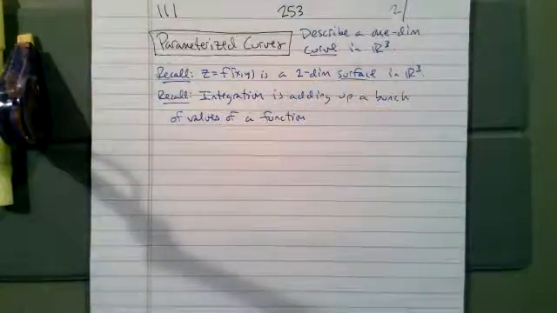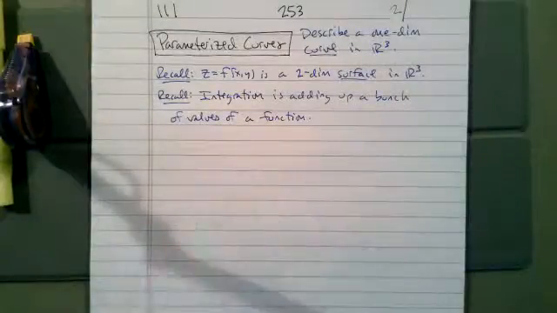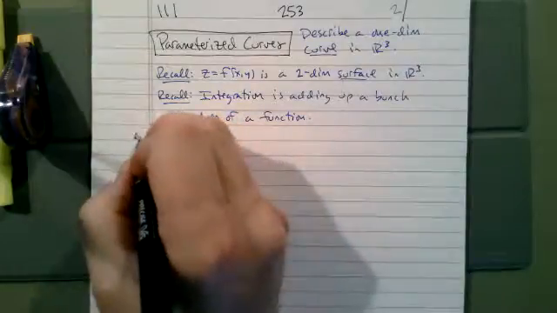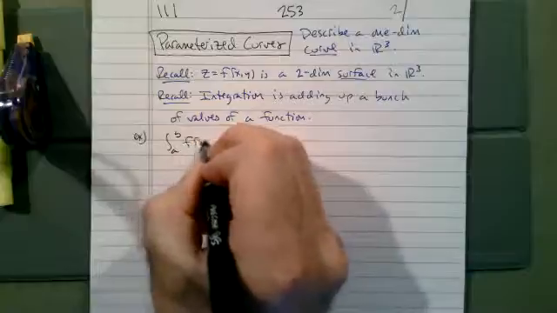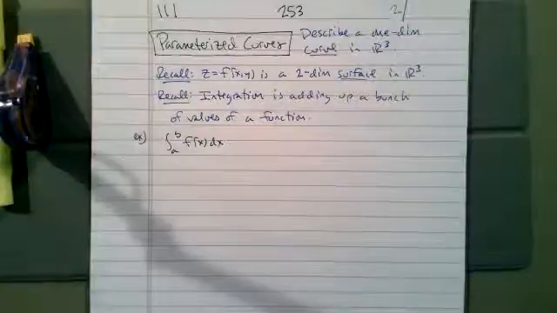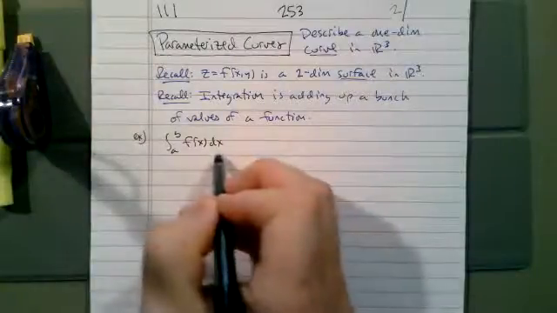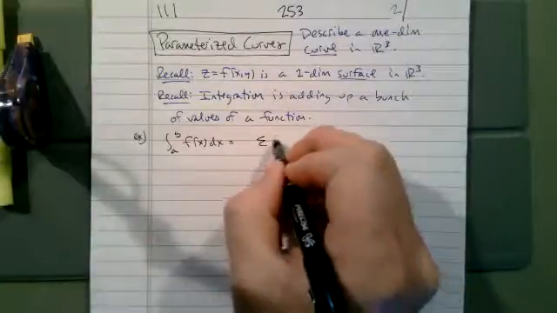If we have an integral from a to b of a function of one variable, what we're doing is evaluating the function at all the points between a and b and adding up those values, subject to some weight. We're just adding up values of this function.